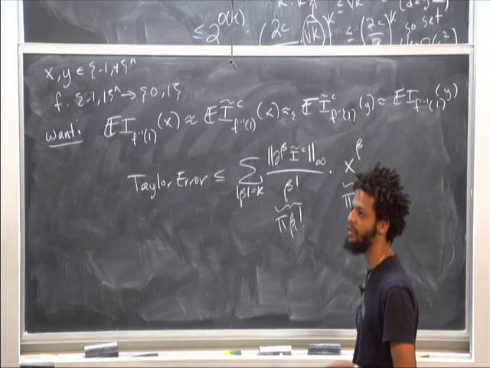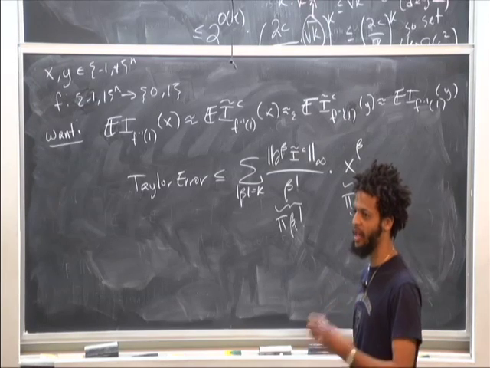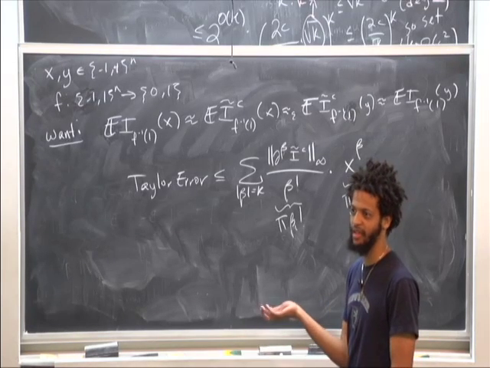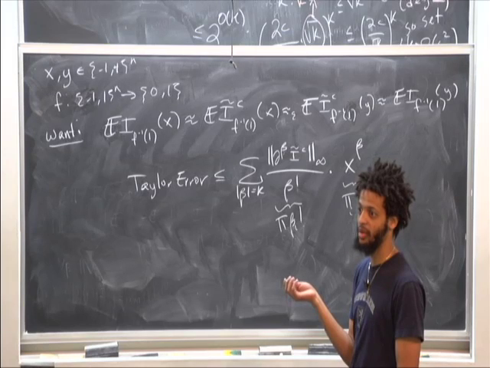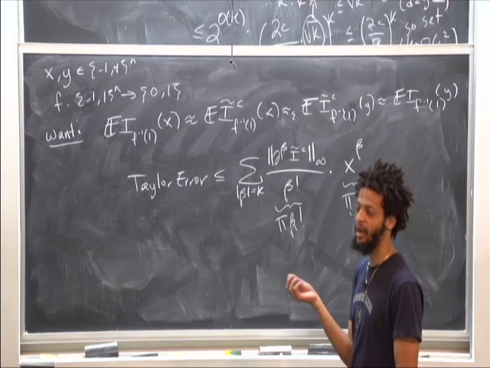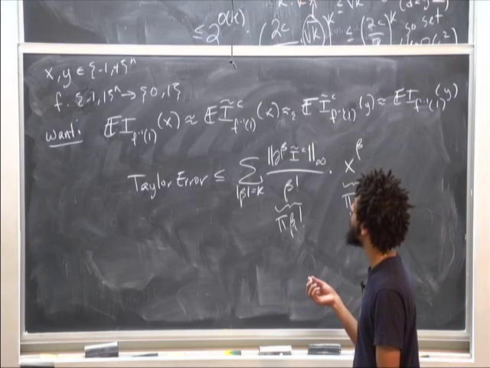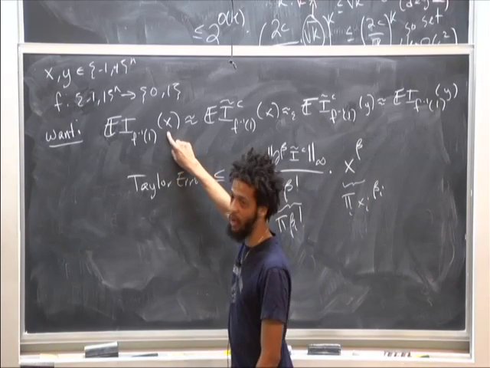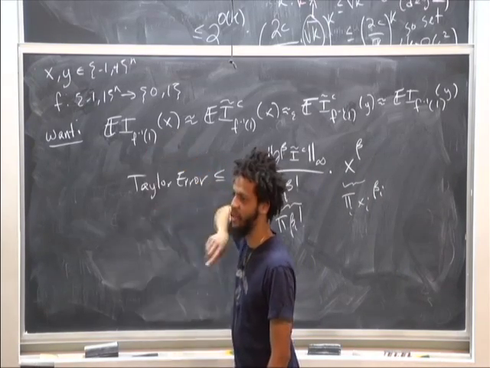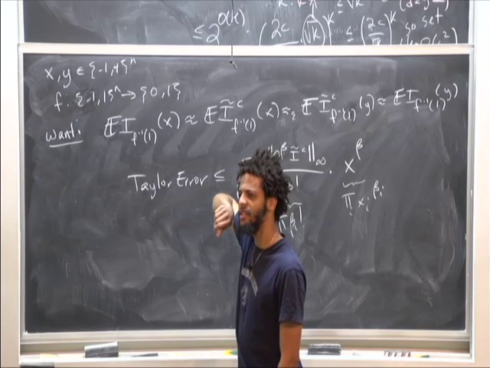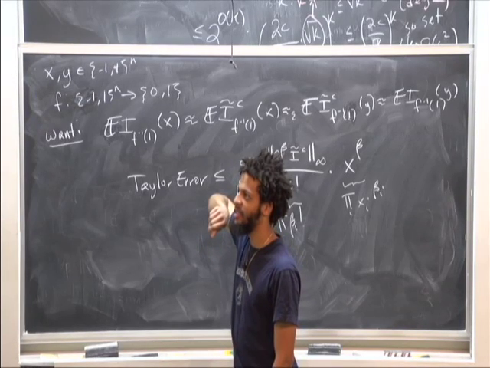The indicator function of f inverse 1. Well, f inverse 1 is the set of all x's that make f equal to 1. So this evaluates to 1 if x makes f equal to 1. Yeah, I see what you mean.